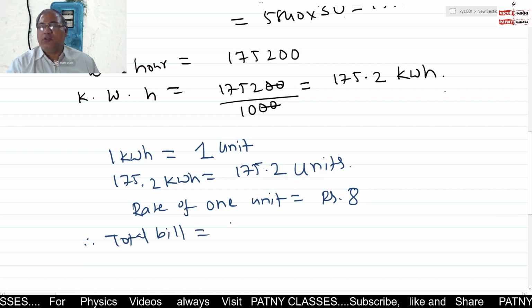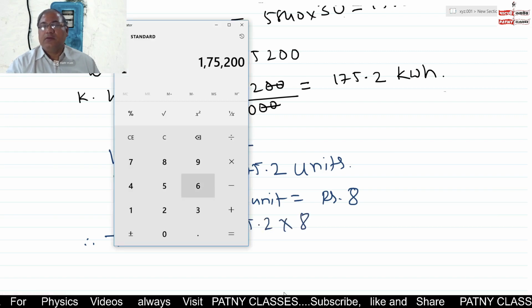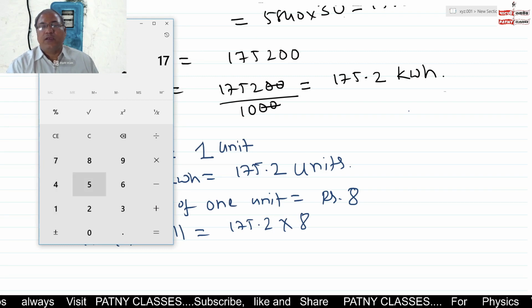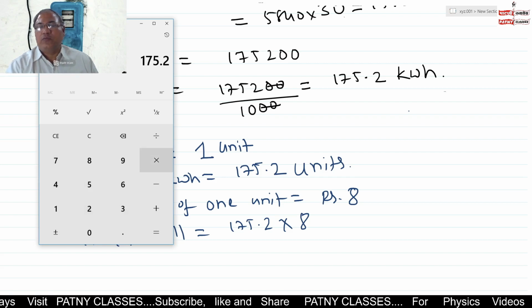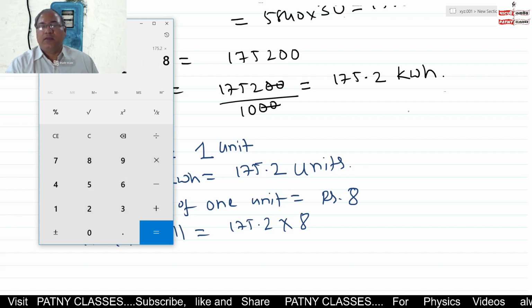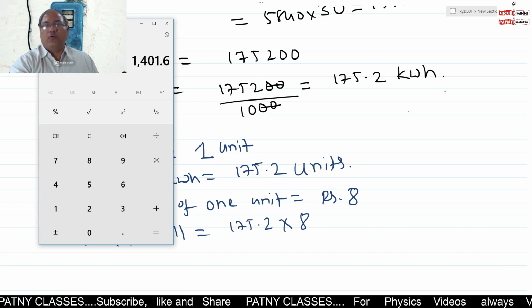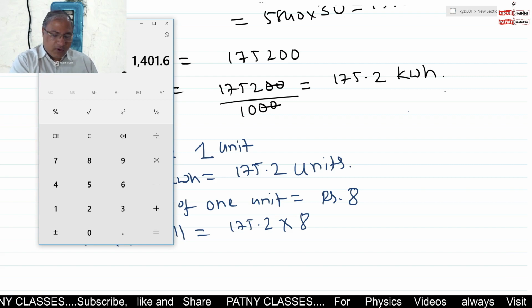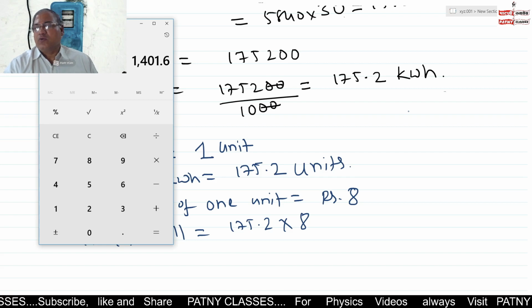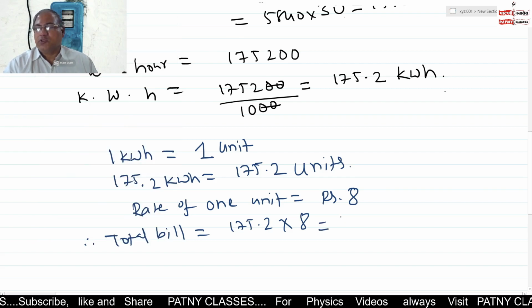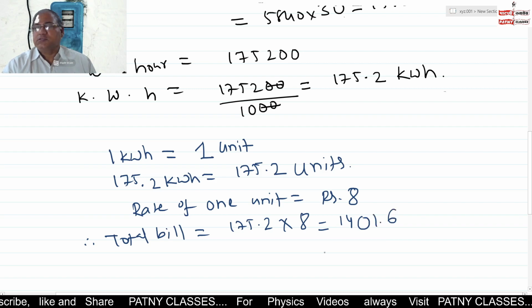So total bill equals 175.2 multiplied by 8, which equals 1401.6 rupees.